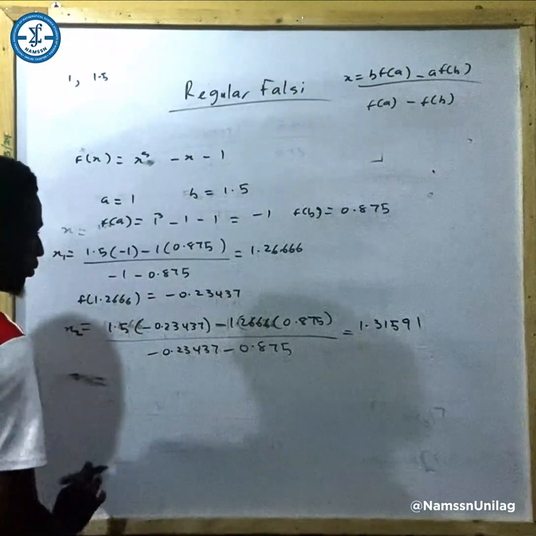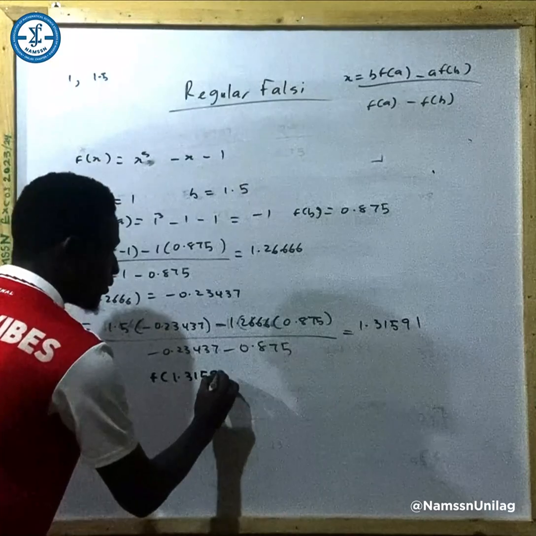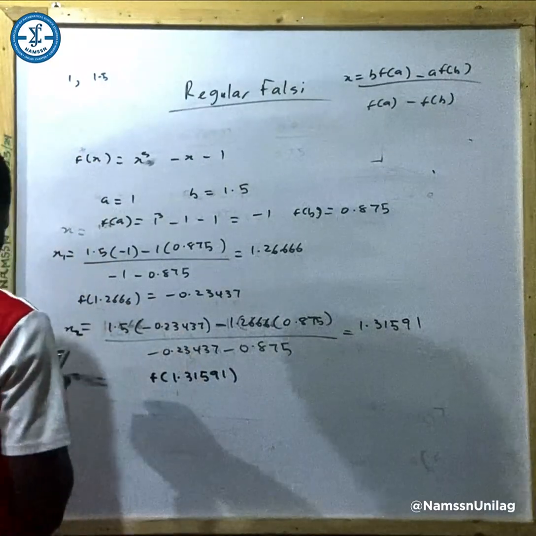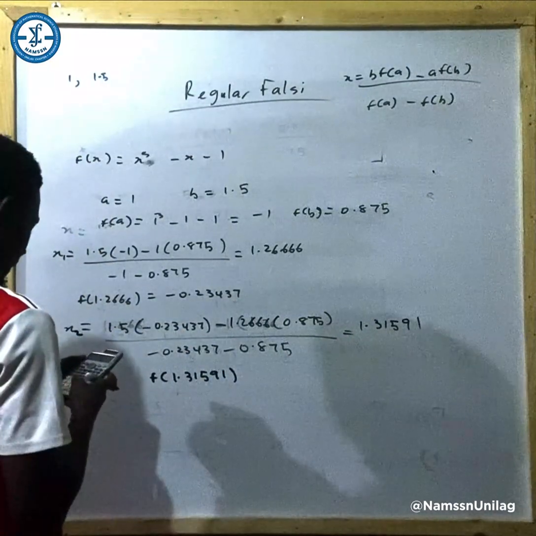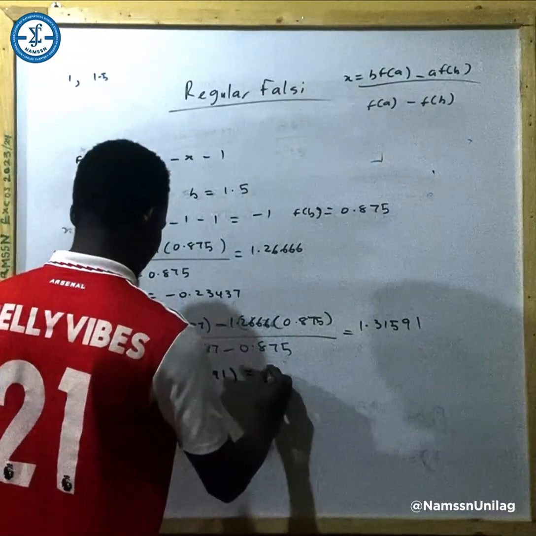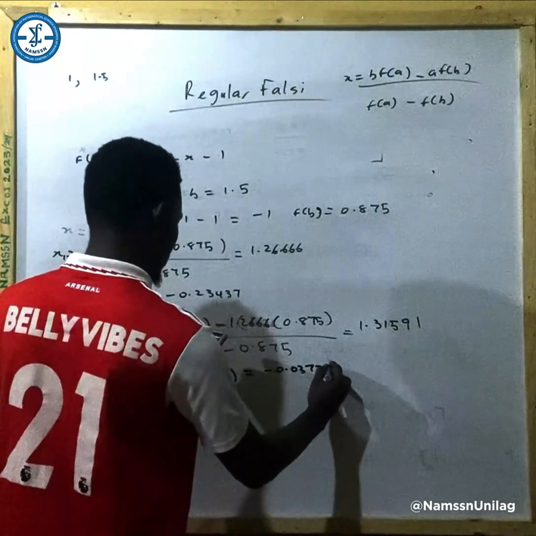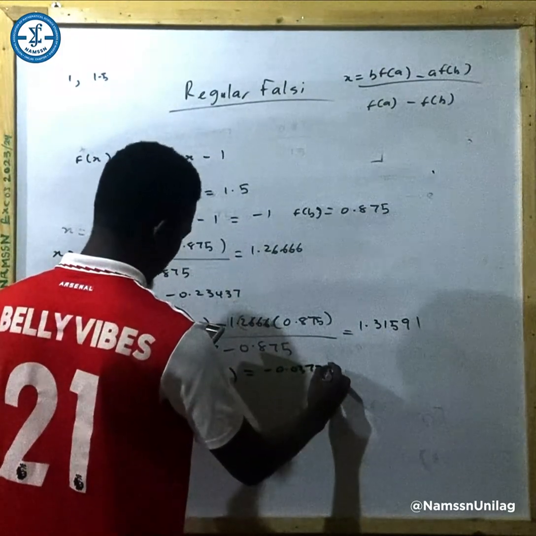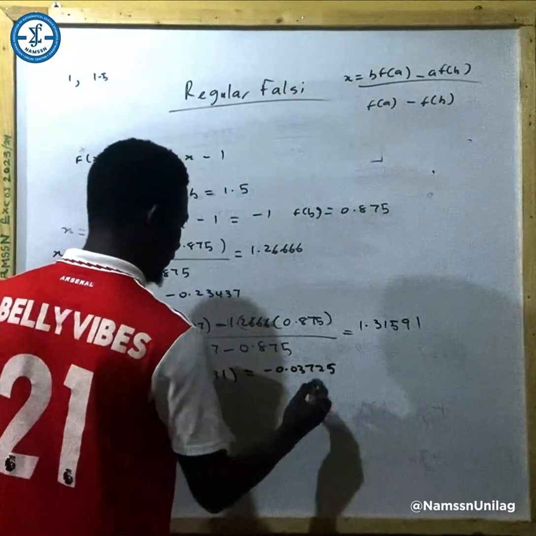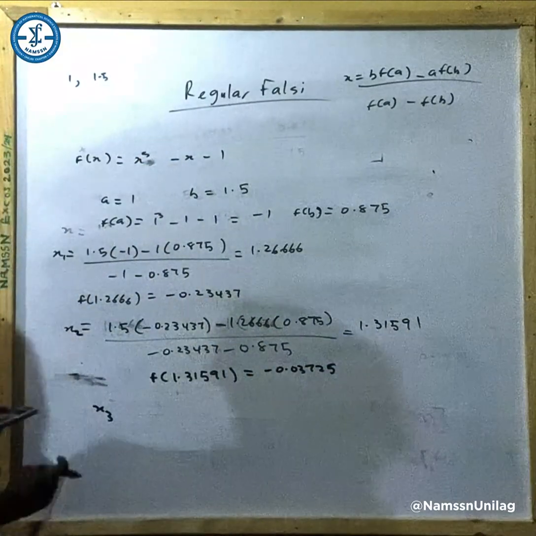Before x3, I would check f of 1.31591. That's negative, minus 0.03725. So moving on, you have x3, and it is also negative.